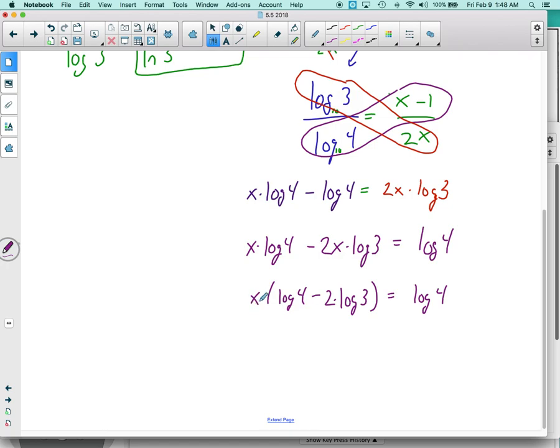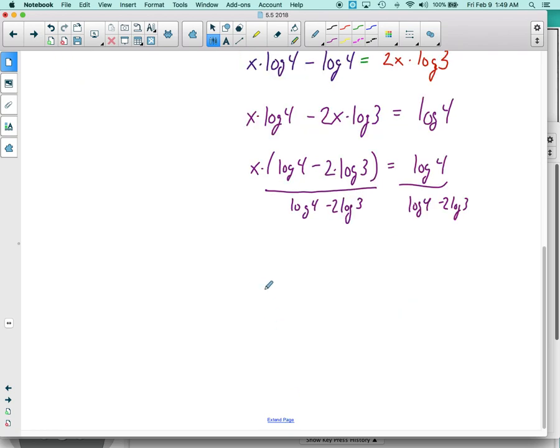Well, look how close we are to getting x by itself now. I just need to get rid of this stuff in the parentheses, and since it's multiplying the x, we can just divide it away. So divide by log of 4 minus 2 log of 3 on both sides. So there's what x is equal to.